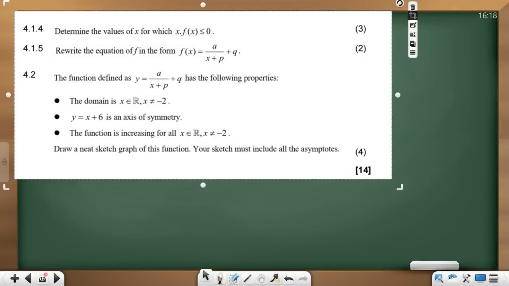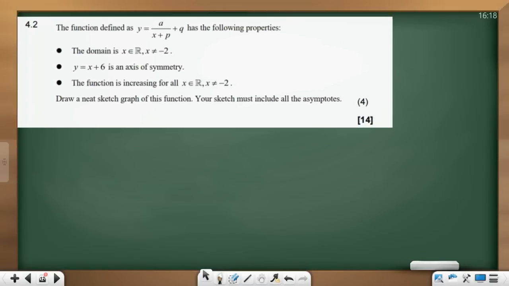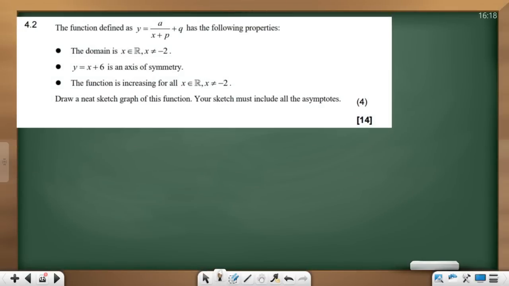Okay, you and I need to know how to interpret these properties. I'm going to guide you. Okay, the examiner says the domain x is an element of real numbers. X cannot be equal to -2. Already, they have given me my vertical asymptote.